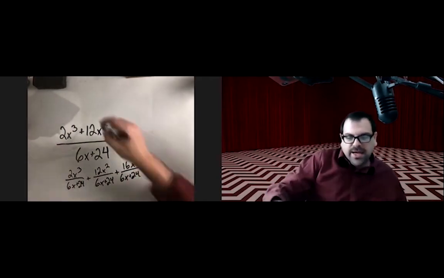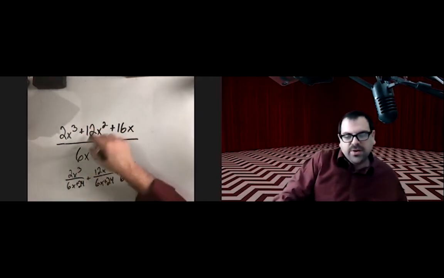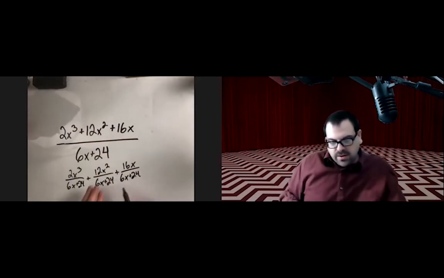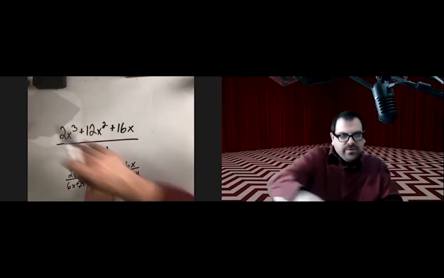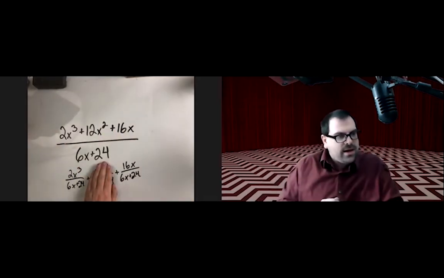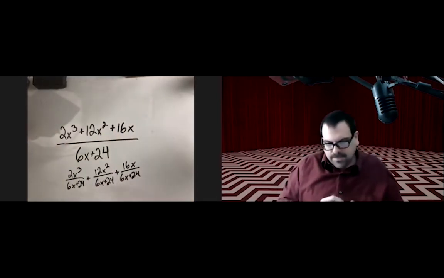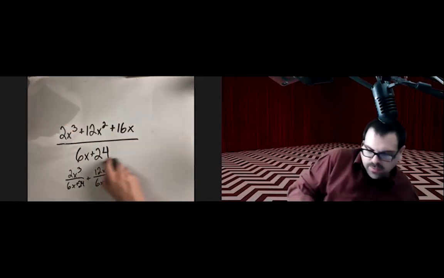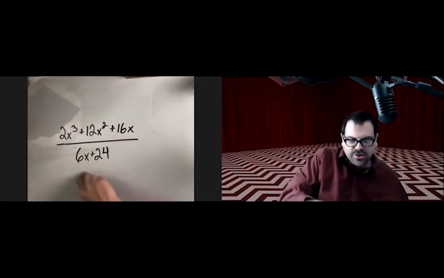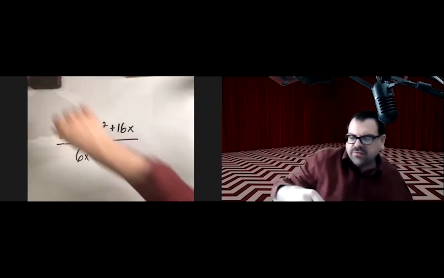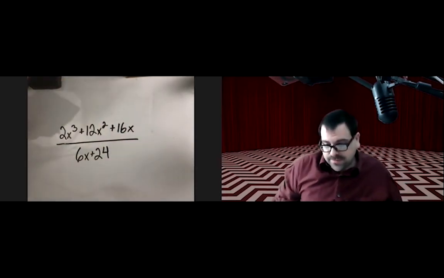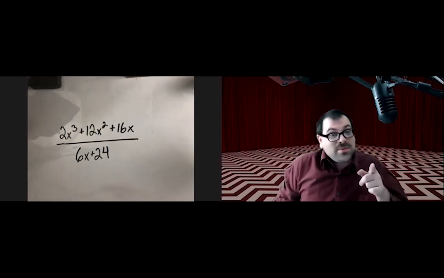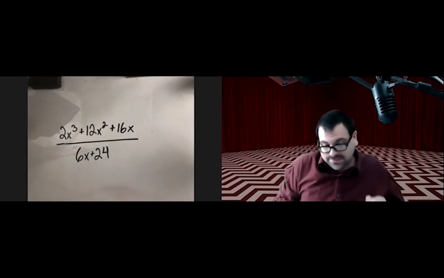So that's why we can't just make this 6 go away if we cancel it with the 12, because that 6 still exists as a part of the front and the back. Only by writing everything as multiplication, only by writing everything as factors can we reduce. And that's why we just learned how to factor.